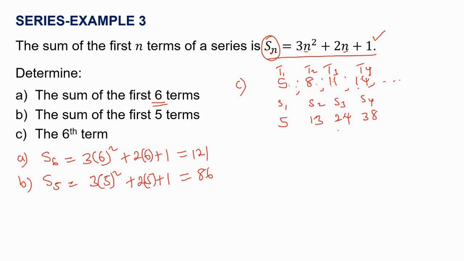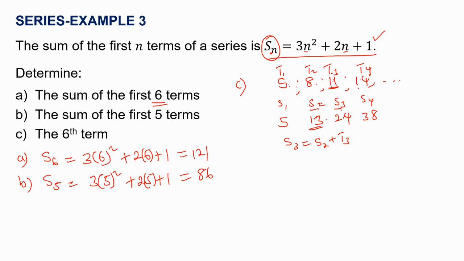So now, I want you to see something here. Let's say we're at S2. We can easily get S3 by adding T3. We can easily get S3 by just adding T3 to S2. Let me write it down. So you can say S3 is equal to S2 plus T3. See that? If I add T3 to S2, I get S3.